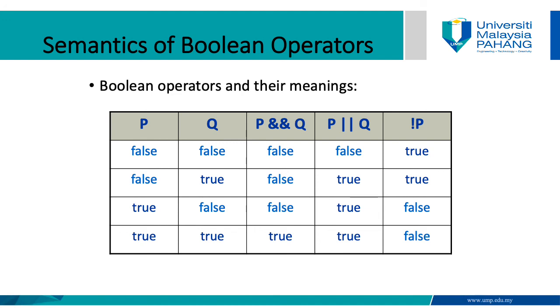But if you say P or Q, it will be true. And then let's look at the last column, second row. It shows not P. What is P here? P here is false, right? So not P is true. And so on with the third and the fourth row. It's the same thing.